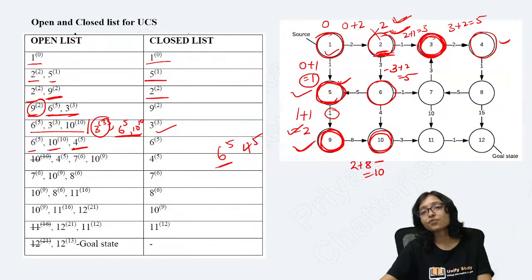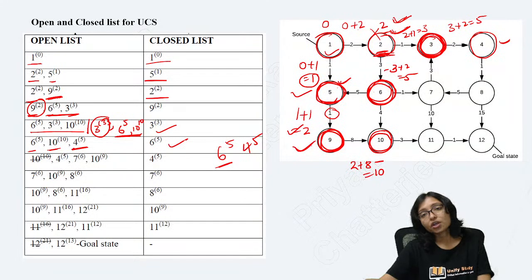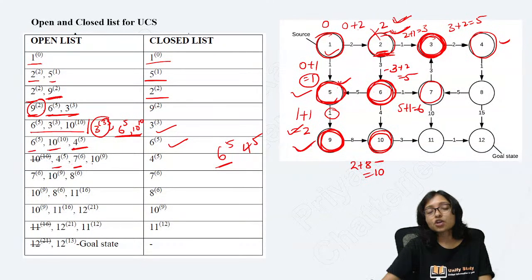That's why I will visit 6 now. Right? So that's why 6 is coming into the closed list. Whenever 6 came, what will happen? 7 is also open now. So here I will calculate 5 plus 1, that is 6. So now 7 will be 6. 4 is already there, 10 is already present.